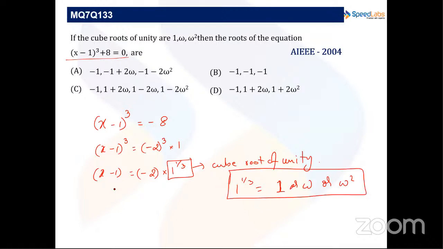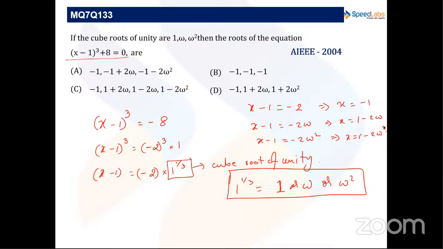So from this, putting the three different values, we will be getting x minus 1 equals to minus 2, or x minus 1 equals to minus 2 omega, or x minus 1 equals to minus 2 omega square. On solving this, we will be getting x equals to minus 1, and x equals to 1 minus 2 omega, and x is equals to 1 minus 2 omega square.